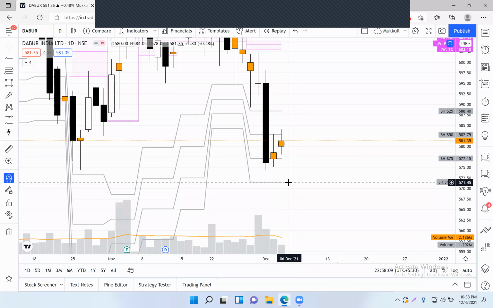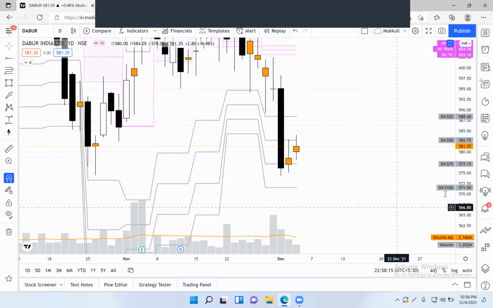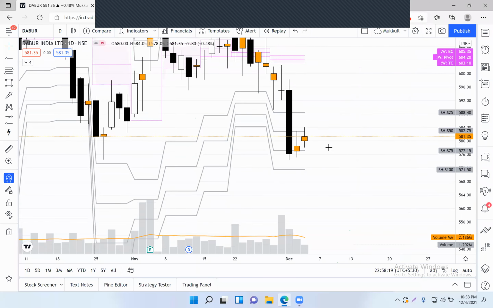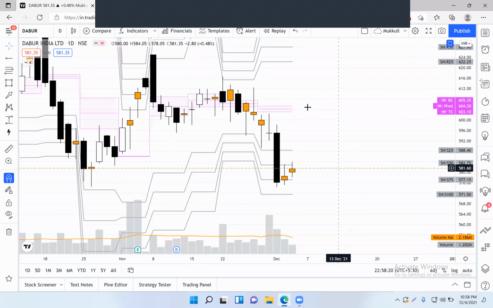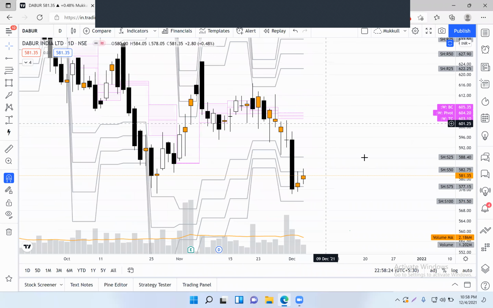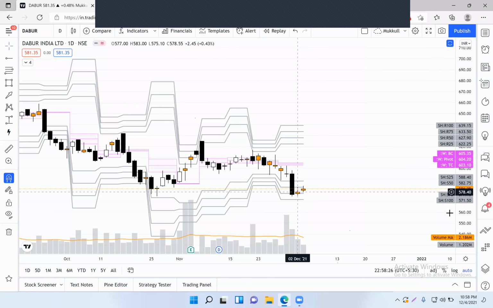So until and unless you get a daily closing below 570, let's say 570 round figure, or 571.50 to be very precise, this stock can do this target of 622. Because this has given an entry here, 577.15.